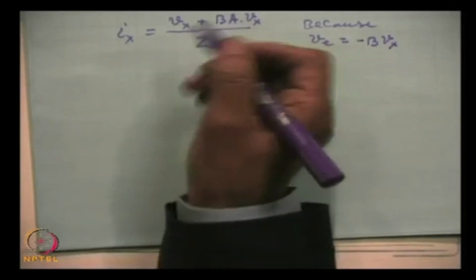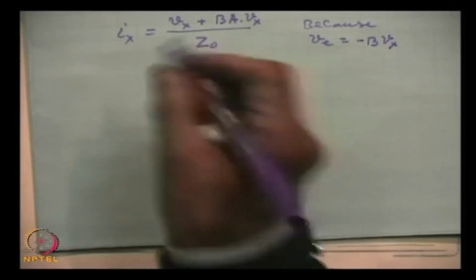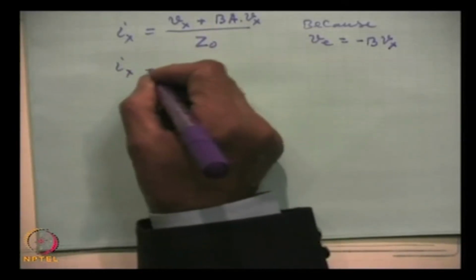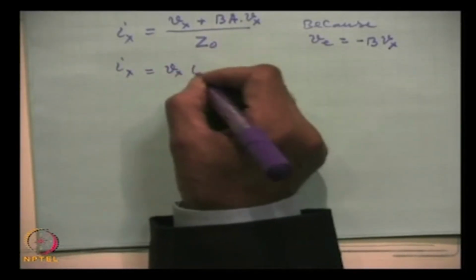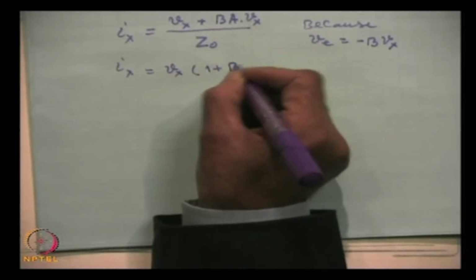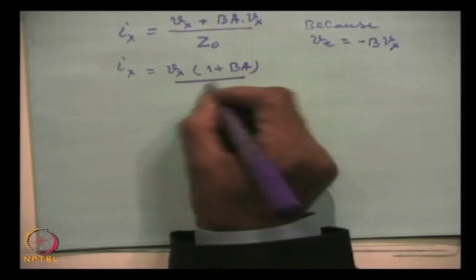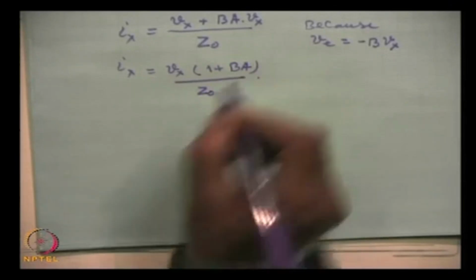From here, I x is equal to V x, taking common, 1 plus B A by Z 0.